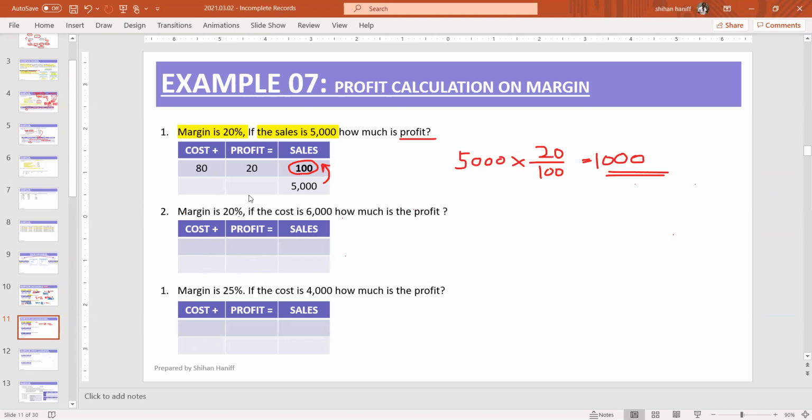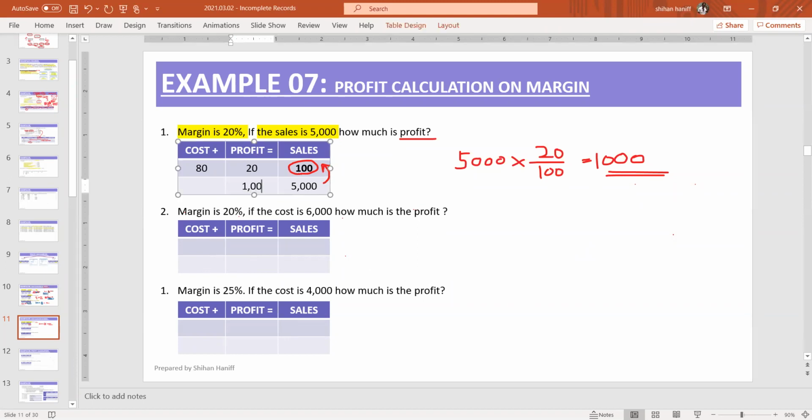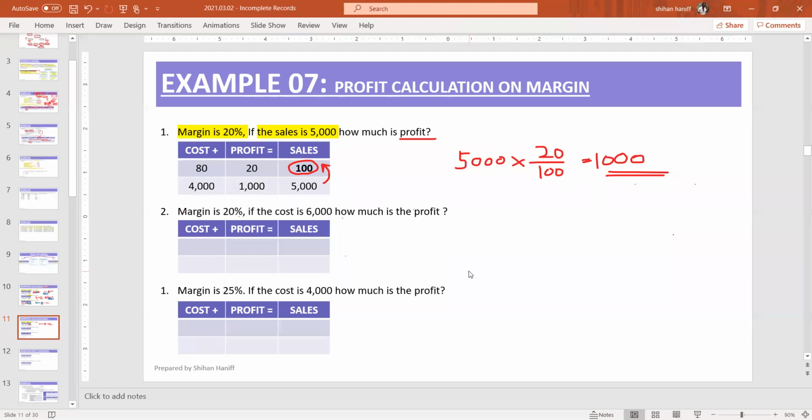That means if the profit is 1,000, the cost is 4,000. Cost is 4,000. 4,000 plus 1,000 is 5,000. Tell me the answer for the second one.